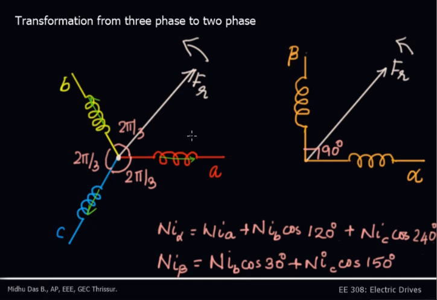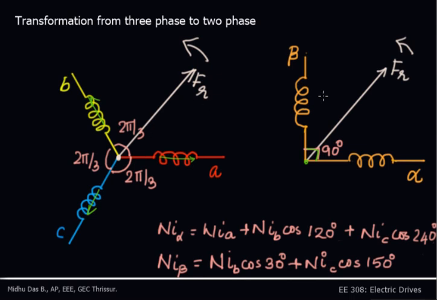So what I am going to do here is, the MMF Fr which is produced by this 3-phase system, which is rotating in the anti-clockwise direction, can be produced by a 2-phase system if you have 2 windings which are placed orthogonally, or the angle between these two windings is 90 degrees, and we should know what current is to flow through these two windings to produce the same MMF as the three-phase windings.